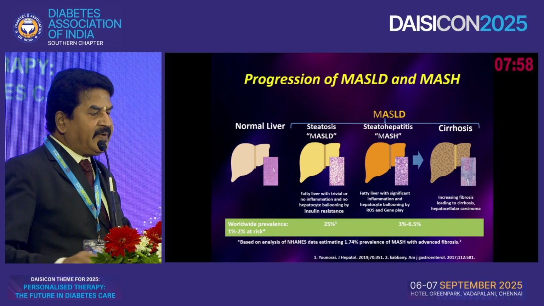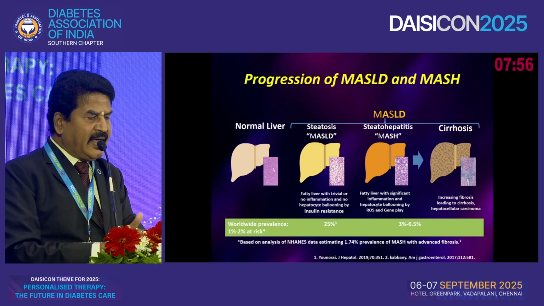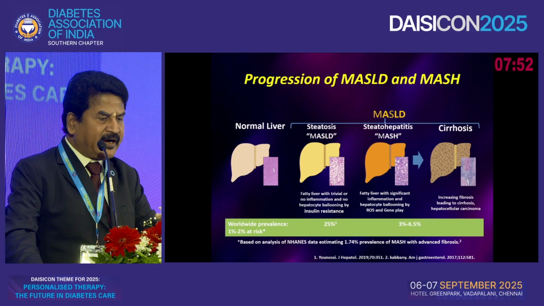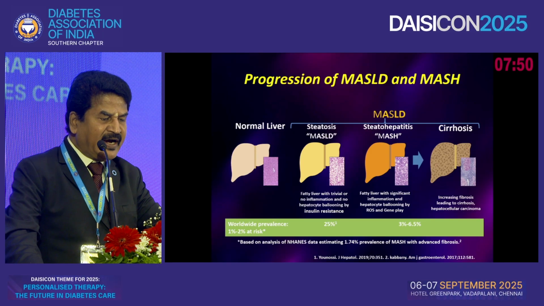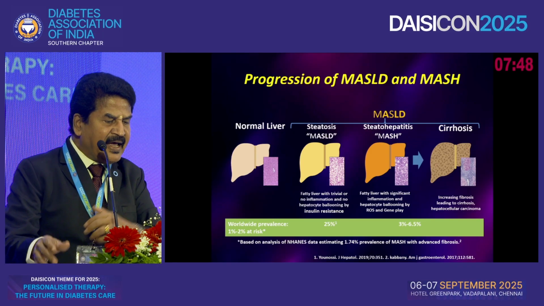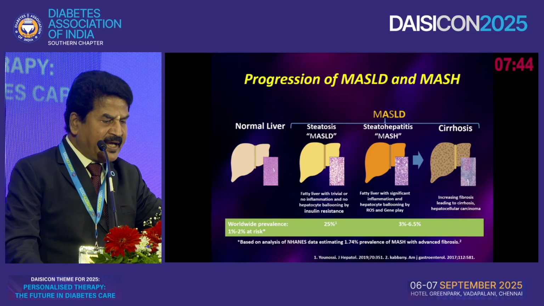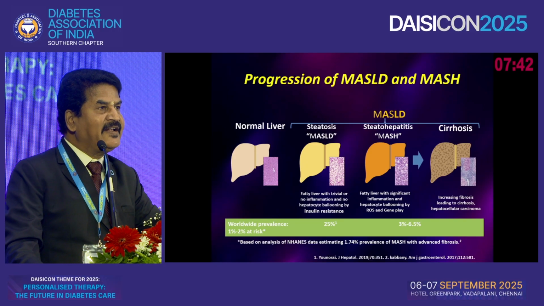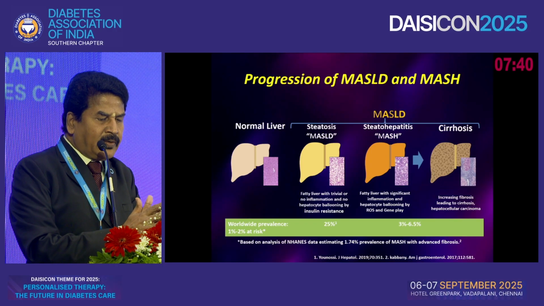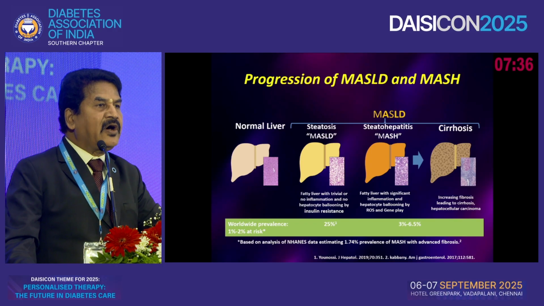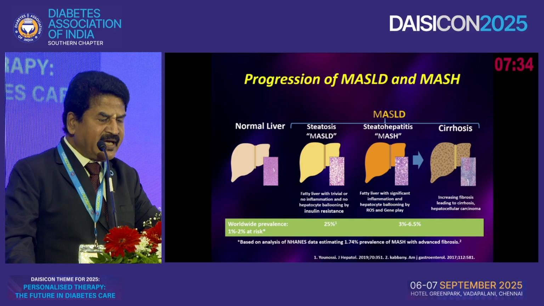So the progression of MASLD to MASH: from the normal liver, around 25% of people progress to steatosis. What is it? It is a fatty liver with trivial or no inflammation and no hepatocyte ballooning, driven by insulin resistance. Around 3 to 6% of people move on to steatohepatitis, that is MASH. What is it?